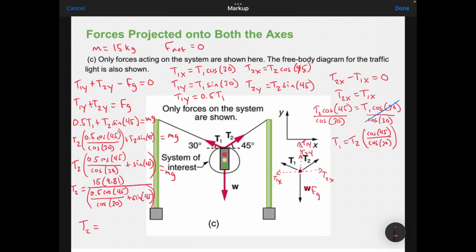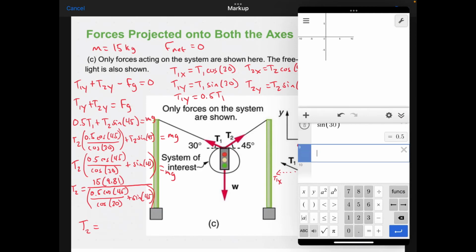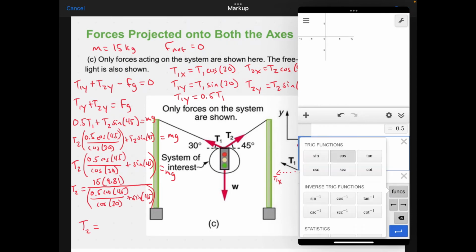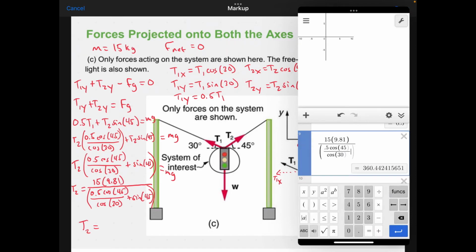And plugging that into the calculator, we can get what T2 is. It's going to be kind of ugly, but it'll work. So that divided by, we're going to throw a fraction in for our 0.5 cosine of 45 over cosine of 30.